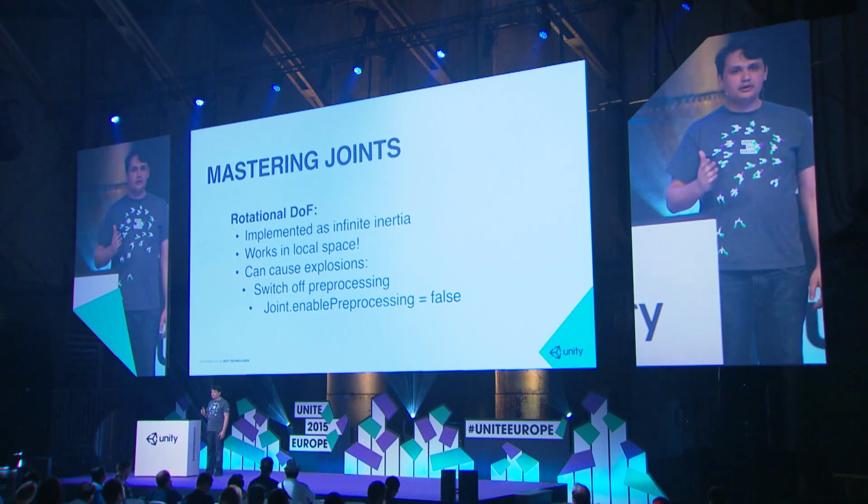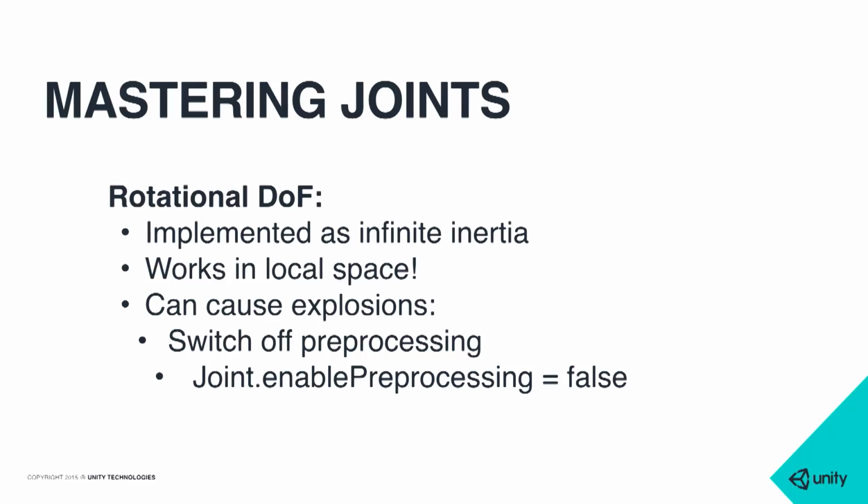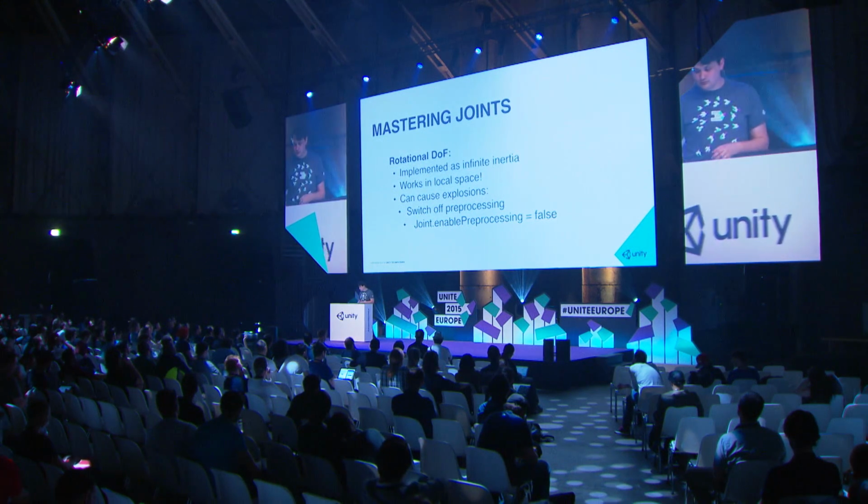Then the solver understands that there is an infinite inertia, so it would have to apply infinite torque to move it around, but it won't do so because nobody wants an infinite torque. That works really well in most cases, but sometimes in really challenging configurations, this actually introduces explosions when physics tries to apply infinite torques. If you see this happening in your project, simply disable the process which introduces the infinite torques. This is called preprocessing, and we have a flag on joints. Simply disable this, and that's all.